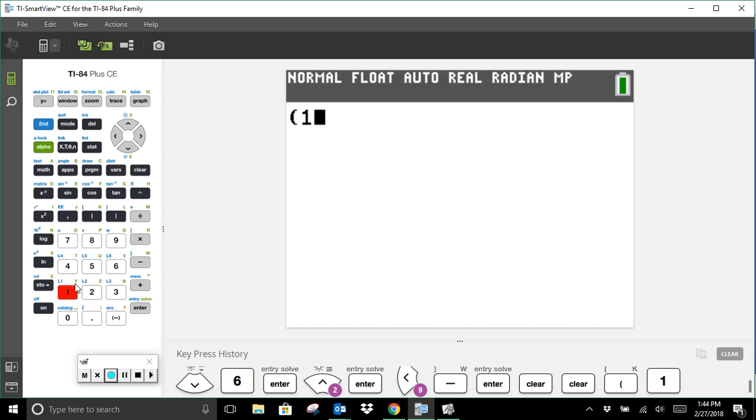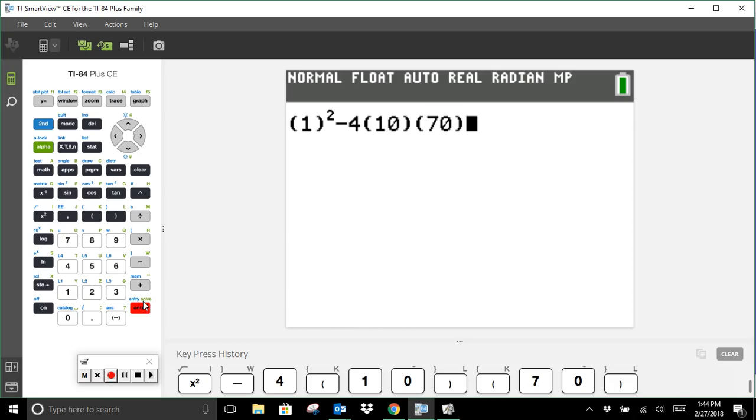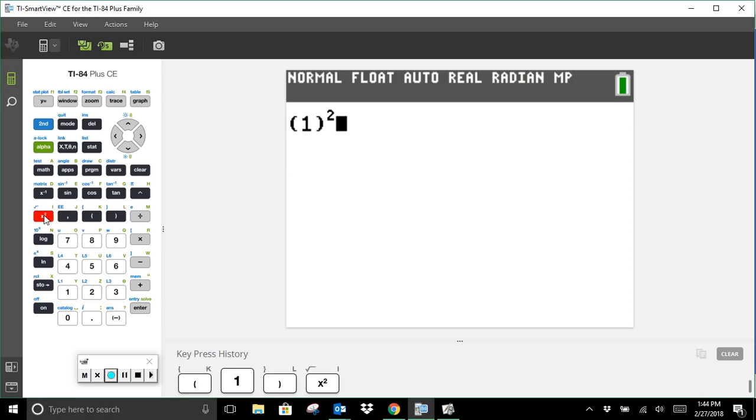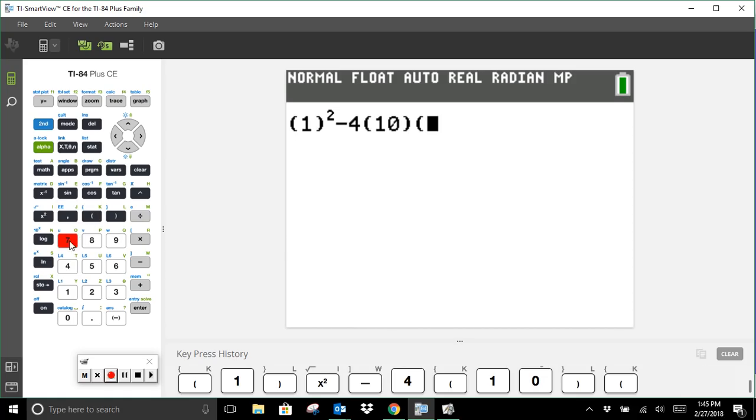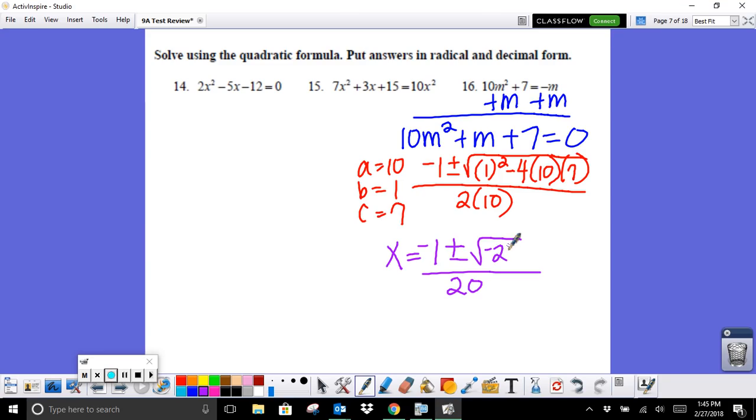So that's going to be 1 squared minus 4 times 10 times 7, which is negative 279. So if we ask for radical form, that's what we're asking for.